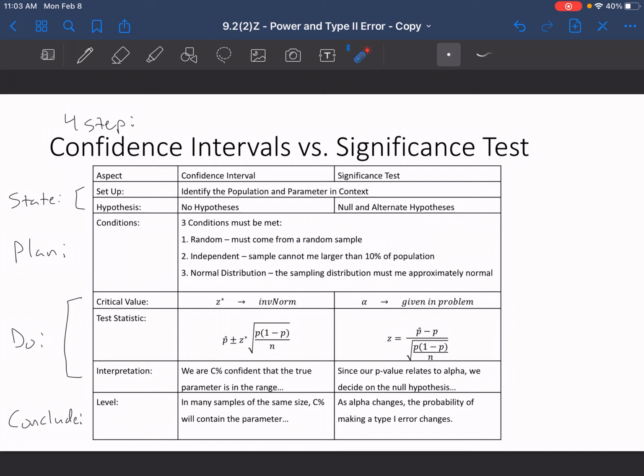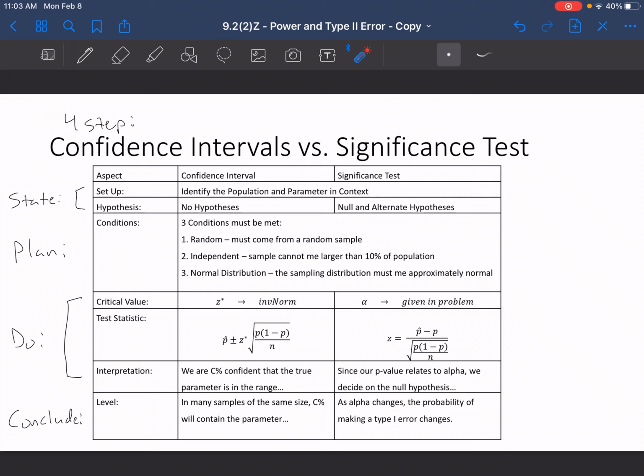The plan portion is going to involve the conditions, so checking to make sure that all of these conditions are met: that the sample is random, and most of the time the problem will say that the sample is random; whether or not it's independent, so whether the sample is less than 10% of the entire population as a whole; and making sure that it's a normal distribution.